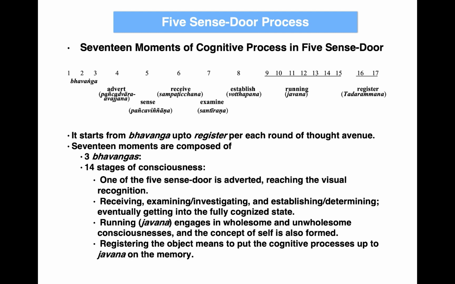And the next moments are seven consecutive moments. We call this running, or javana in Pali. And this stage is the time of eating the mango. So javana experiences the flavor of the mango. The man swallows the mango while appreciating its taste.